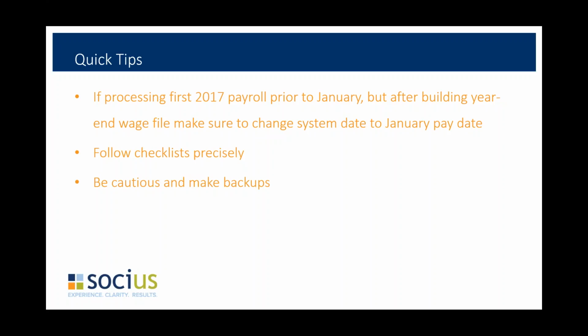Look at your situation, because we gave 2 options. Follow those checklists precisely. And then be cautious and make backups. It's really, really important to make sure that you do this precisely. Payroll is important. These forms are important. There's a lot riding on it. And so if you're a GP Payroll user, just make sure that you're following the rules, make your backups, and be very cautious as you go through the process.